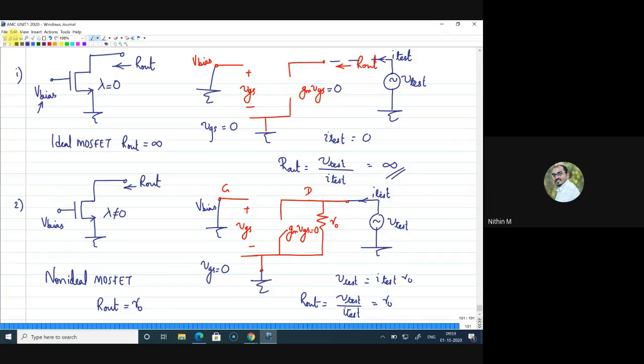Probably with two or three examples, I'll send you a very short video of 10 minutes on how to calculate the output resistance, and with that we will finish this output resistance calculation. All right. So if you have doubts, you can unmute and ask now. Otherwise, we will meet next class.